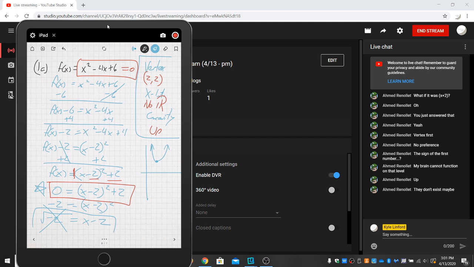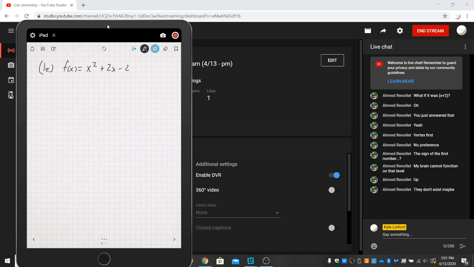You'll end up with something that has to have the complex unit i. So that's a problem, right? That tells us that we will not have any real x values. I'm sorry, let me restate that. That tells us we will not have any real x-intercepts. So we will never cross the real x-axis.